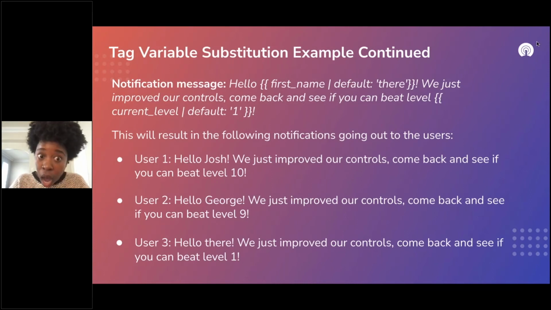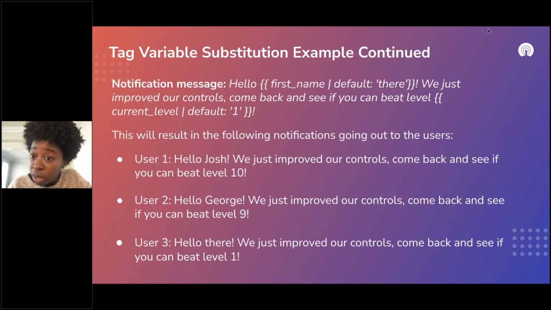I only have to write the top message, but the data tag substitution will happen for each individual as they receive the message. So they'll get that personalized message like, "Hello, Josh, we just improved our controls. Come back and see if you can beat level 10." George receives, "Hello, George, we just improved our controls. Come back and see if you can beat level 9."